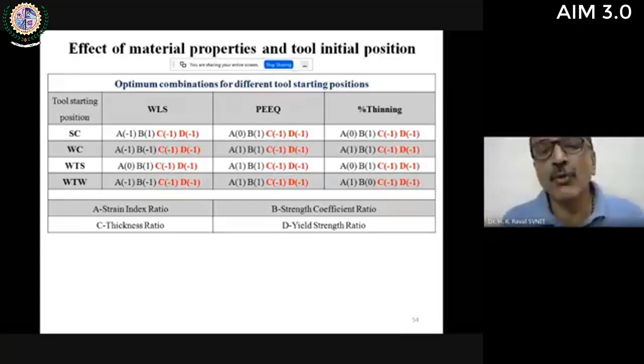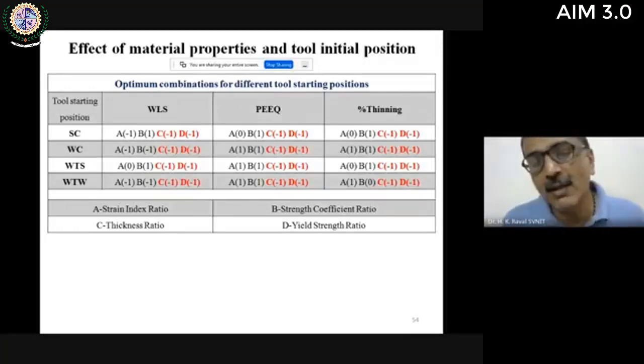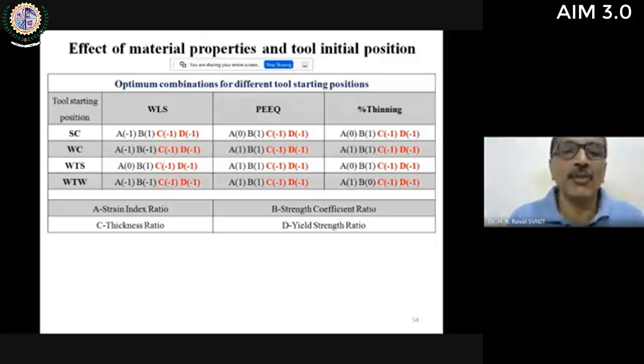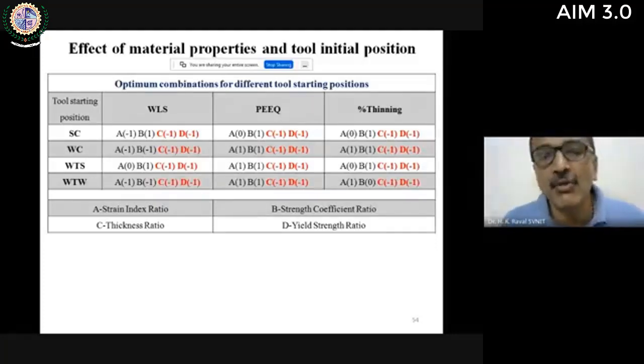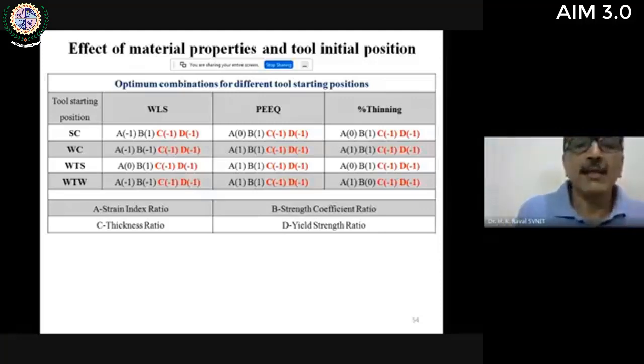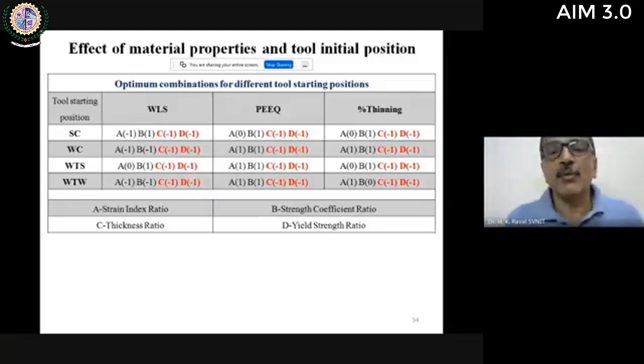As soon as you introduce deviation in thickness of the two materials, weld line shift is bound to be there. As soon as you introduce variation in yield strength, weld line shift is bound to be there. The higher the ratio, the more the weld line shift. Hence, to keep the weld line shift to the minimum, the thickness ratio should be 1 and the yield strength ratio should be 1.